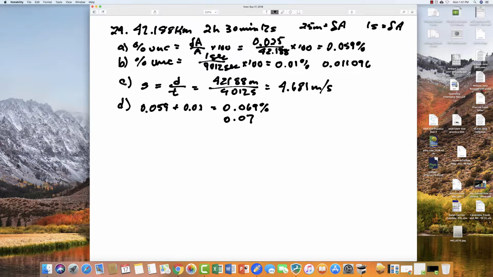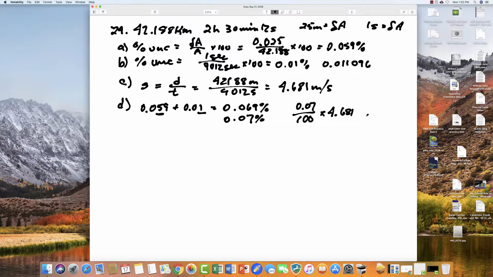Again, when you add them, you use the least significant space that's common to both numbers. In this case, it's the hundredth space. And so it rounds up to 0.07%. If you take that and apply that to the speed, you would take 0.07 divided by 100 times 4.681.